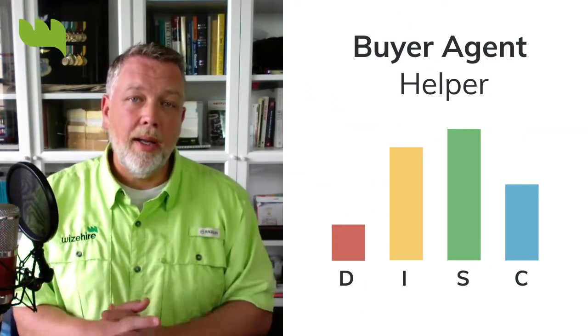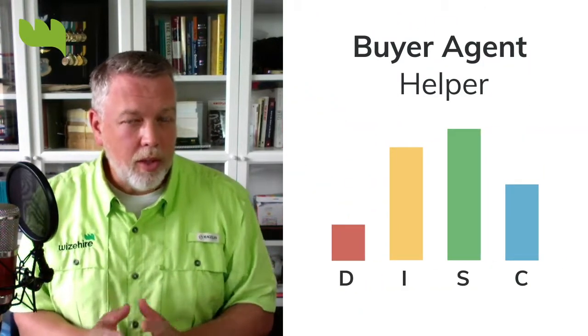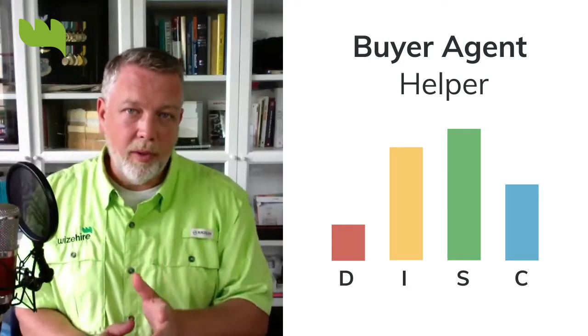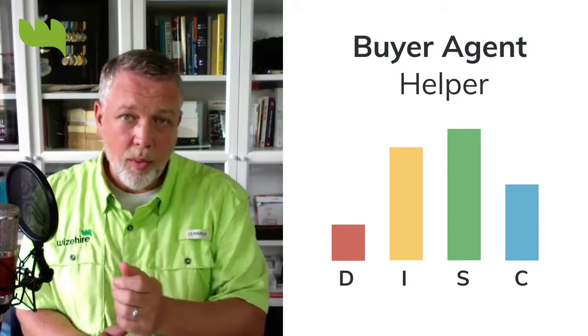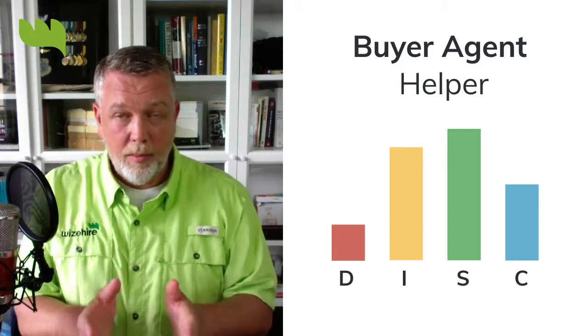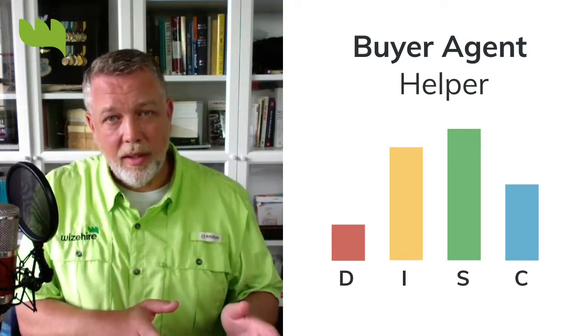When you find the hunter agent, it's a little bit harder to do first off, because like I said in the buyer agent helper video, the majority, this is anecdotal, but we would guess probably 70% of the agents we run into out there licensed today look more like the buyer agent helper, a little more like a showing agent, very proficient at taking it and going with the person once they're on paper, but getting them there is very difficult for them.